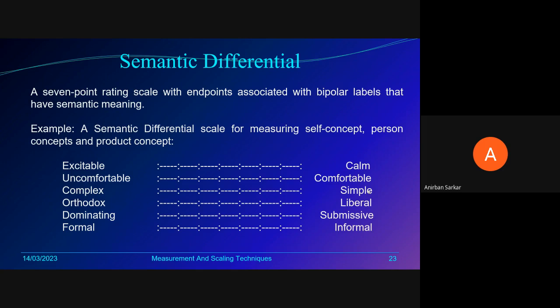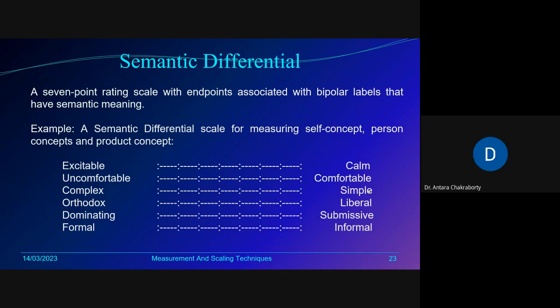So this is why it is a 7-point scale. Can anyone tell me why it is a 7-point scale? Can you see the dots here in the middle? I think my screen is visible. Yes, sir.